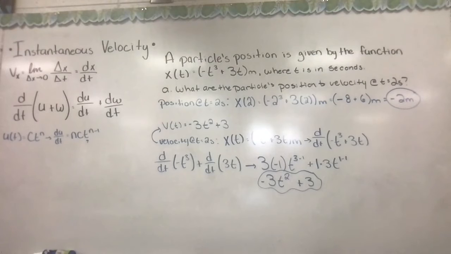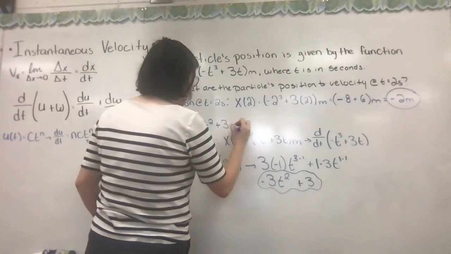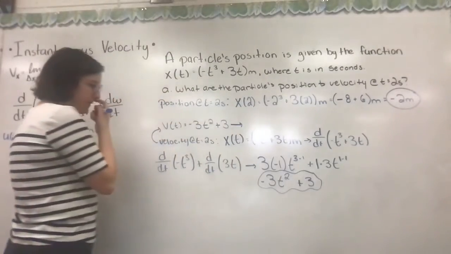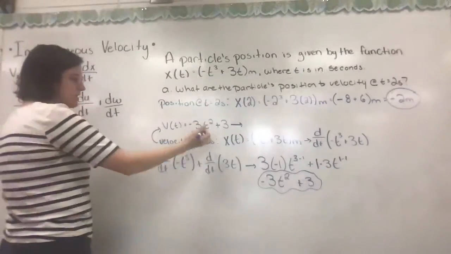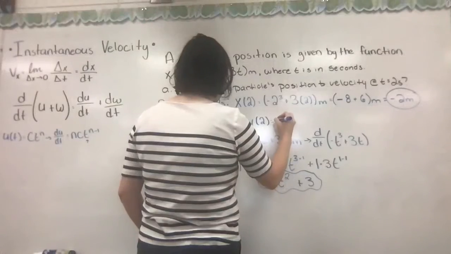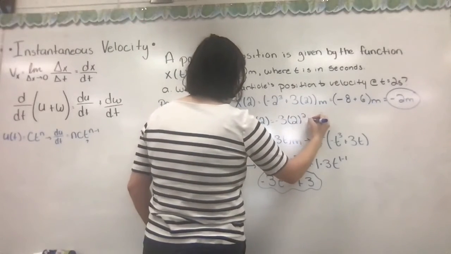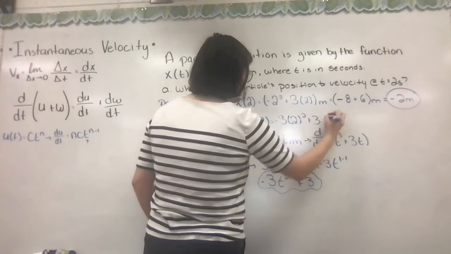Does everybody understand how we got there? Yeah? Okay. So what do we do to find the velocity at 2 seconds? You plug in 2 to where the t's are. So you'd have that the velocity at 2 seconds is equal to -3 times 2 squared plus 3.